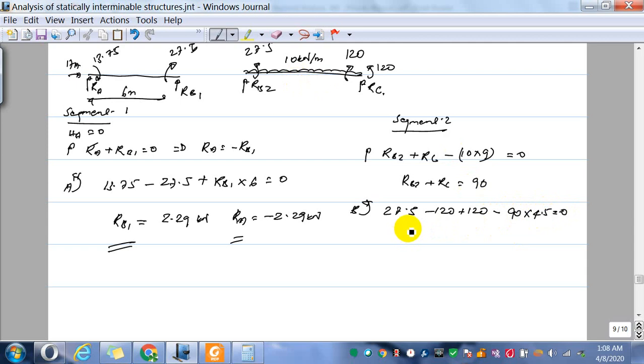And you have to consider the RC into 9, right? So that is also missing. So RC into 9.